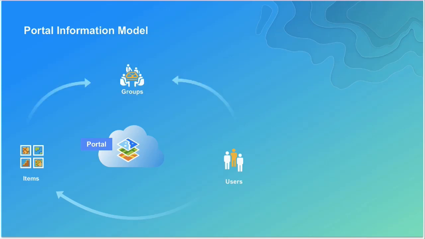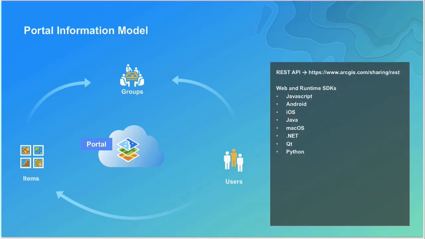We've wrapped the REST API in various ways in our SDKs, in our runtime SDKs, in our JavaScript API, in our Python API, and so on. So those give you a much nicer way of interacting with the API in our backend rather than using the JSON from our REST APIs directly.